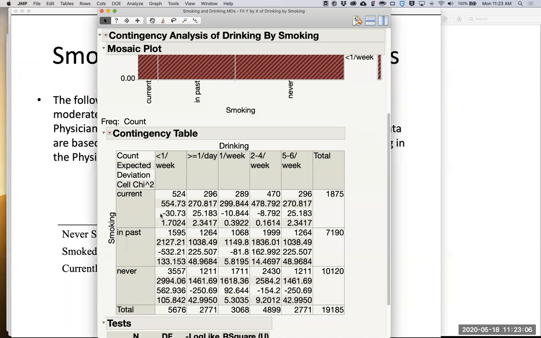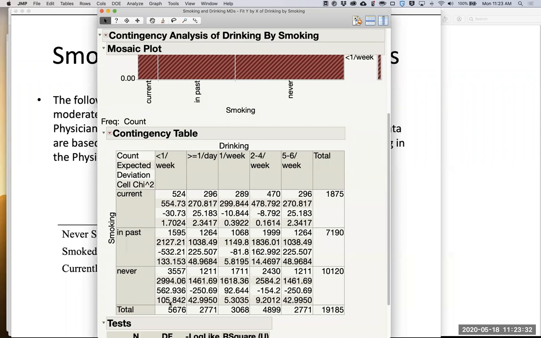So the sign here in this third row, the deviations, shows whether the actual count is above or below the expected, and then the chi-square contribution, you look for large chi-square contributions, and that's where your chi-square value is coming from. 106 is a huge chi-square contribution.